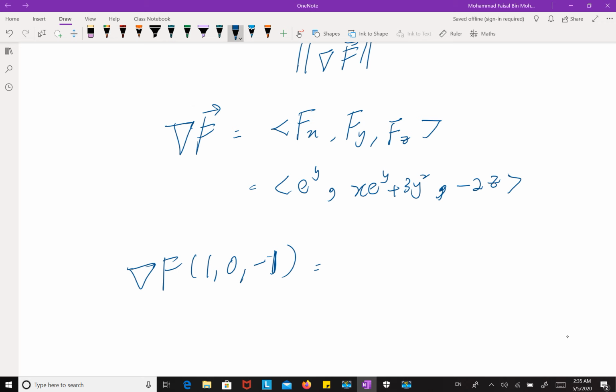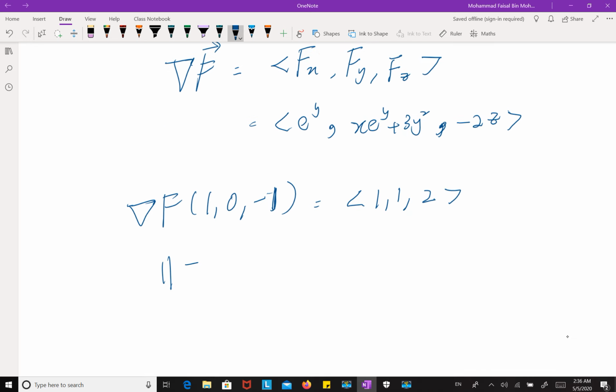You will get (1, 1, 2). So the magnitude of this big F at (1, 0, -1) will be, it should have vector, square root of 1 squared plus 1 squared plus 2 squared, which is square root 6.